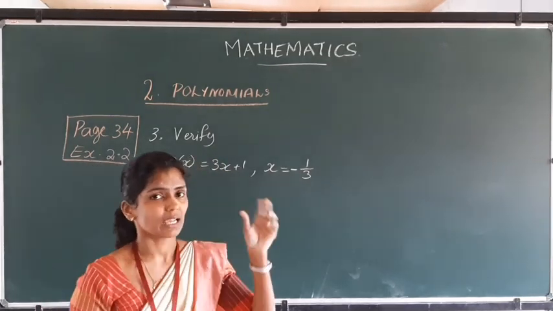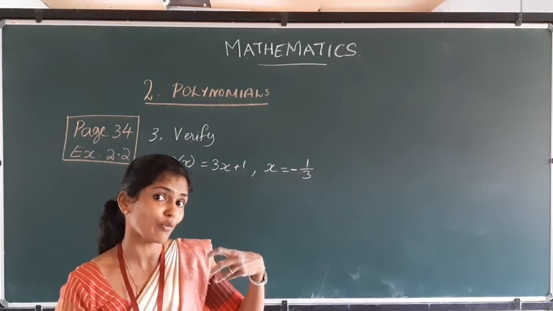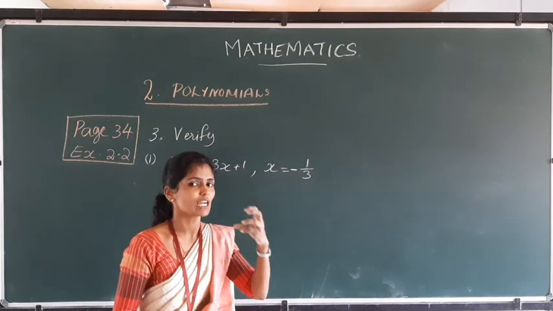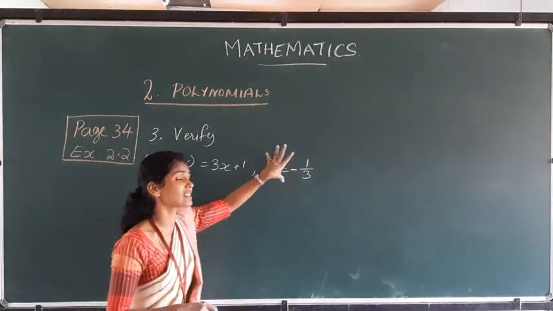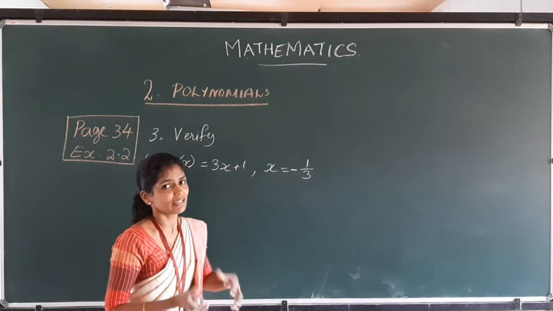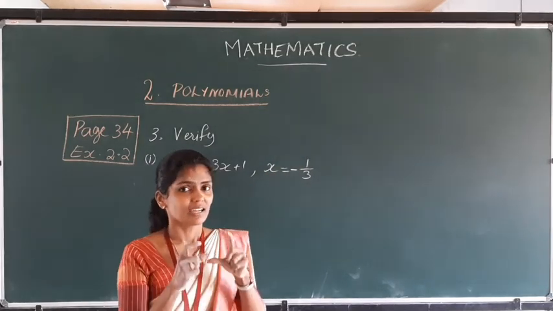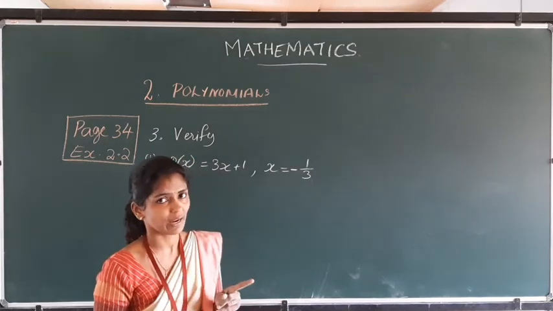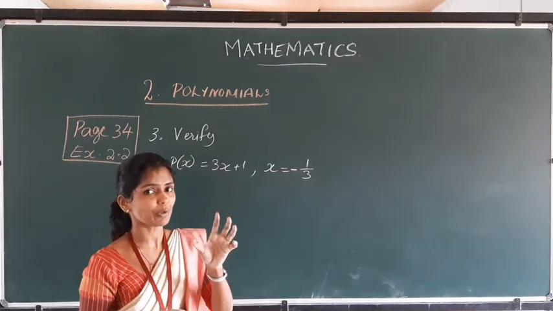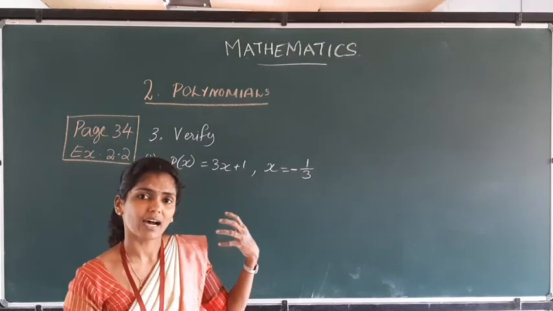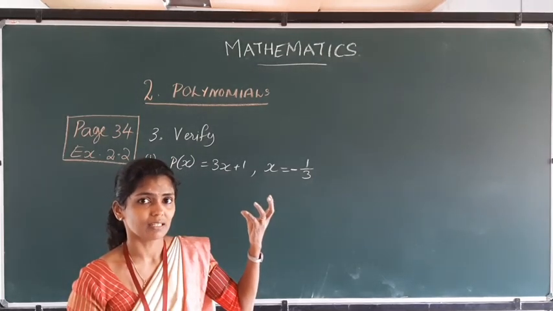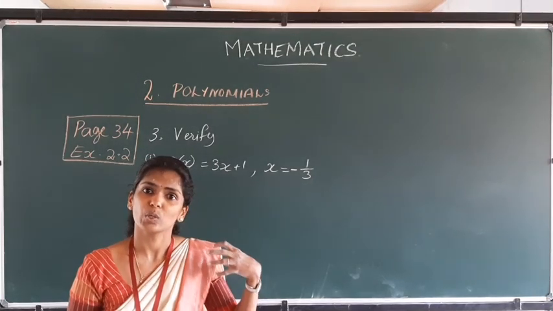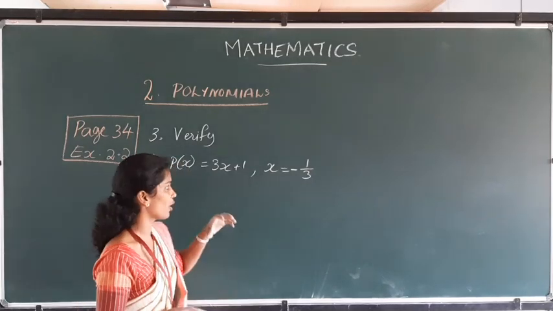If x equal to minus 1 by 3 is a 0 of this polynomial, then what is the condition? The value of this polynomial becomes 0, right? If the value of a polynomial is 0, that value of the variable is known as the 0 of the polynomial.